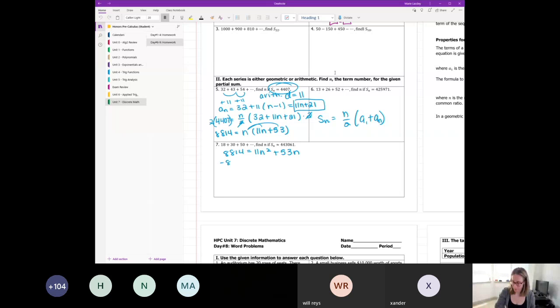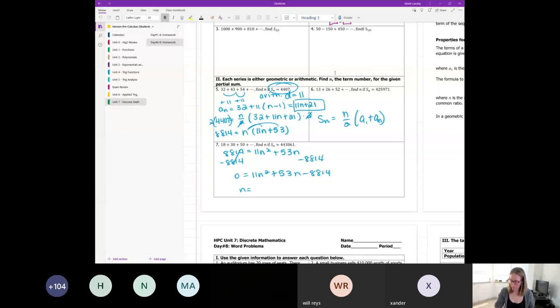So I need to move everything over to one side. So I'm going to subtract, and I get 11n squared plus 53n minus 8814. And then I'm going to use the quadratic formula because I don't want to factor that. You could factor it. It's definitely factorable because it's going to come out to a nice number, but nobody wants to do that.